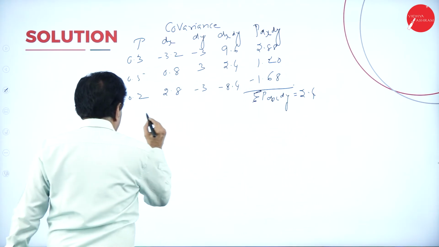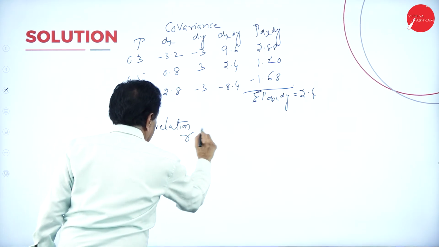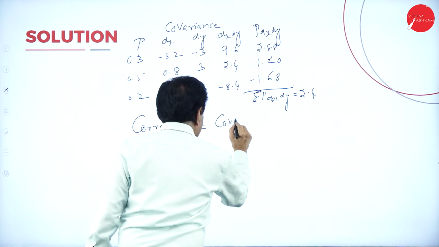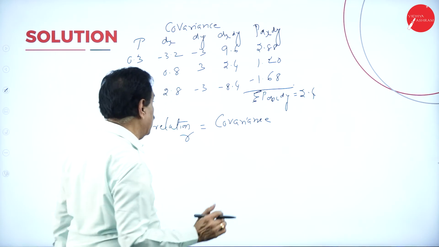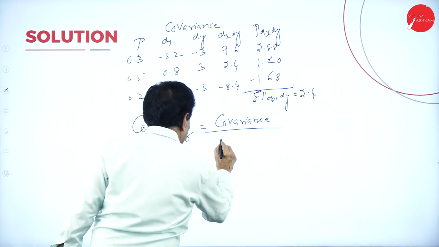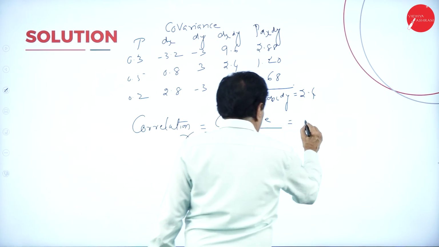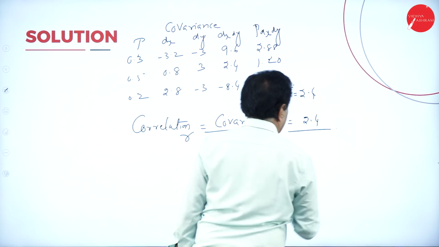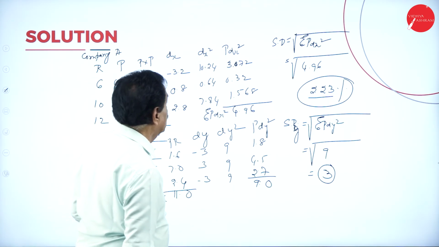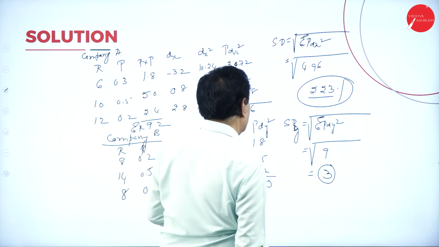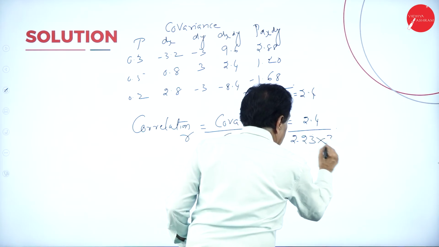Then correlation. Correlation is covariance divided by standard deviation x into standard deviation y, which is 2.4 divided by, the standard deviation of x, company A, 2.23, into 3.